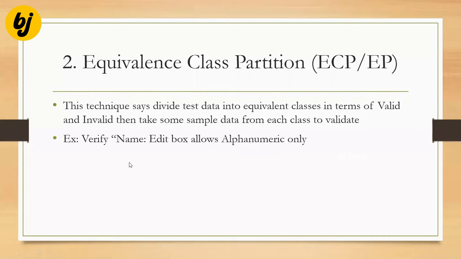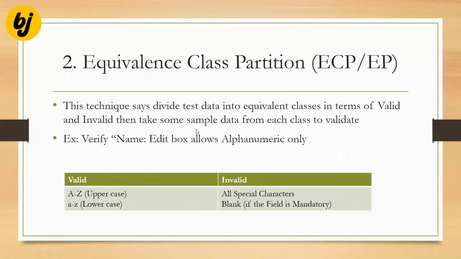Verify that the name edit box allows alphanumeric only. In this type of scenario, we have to divide the test data into equivalent classes: one is the valid class, the other one is the invalid class.